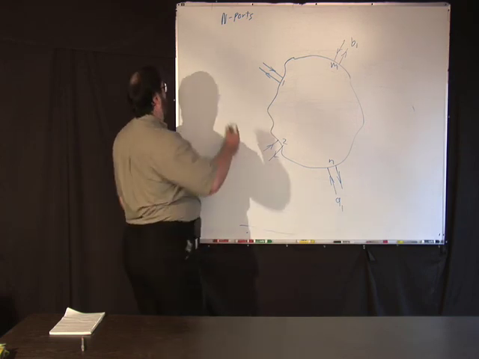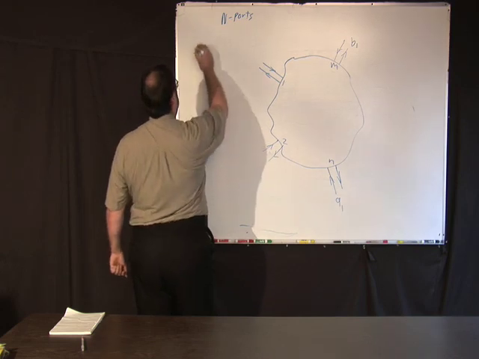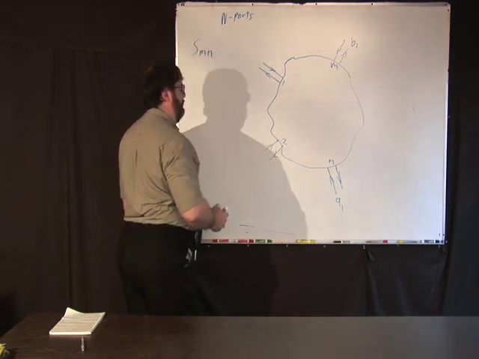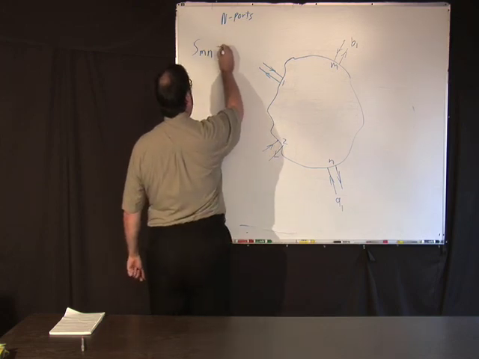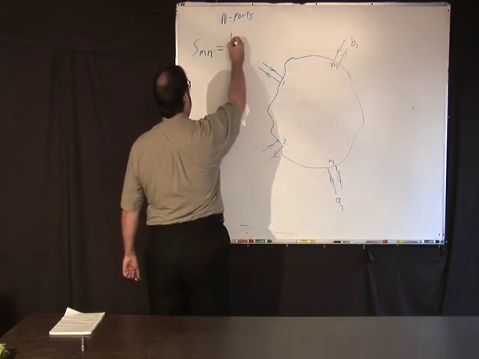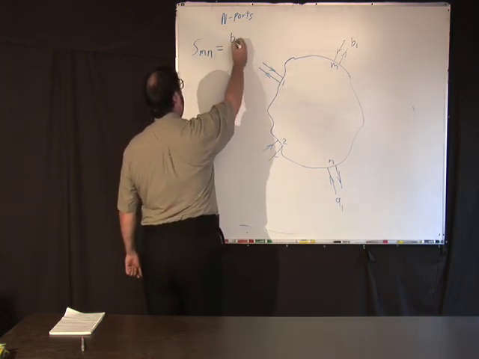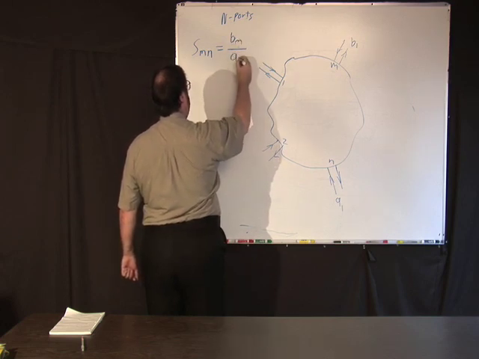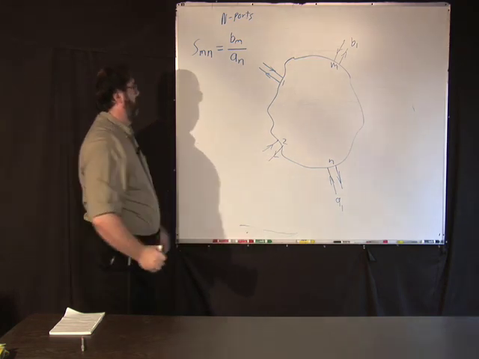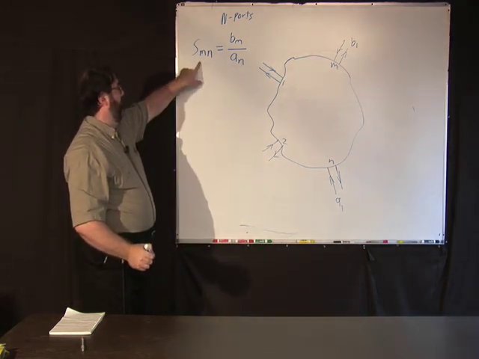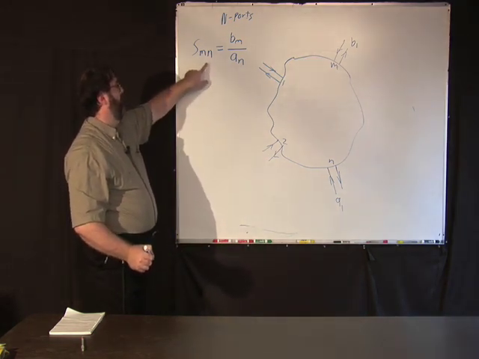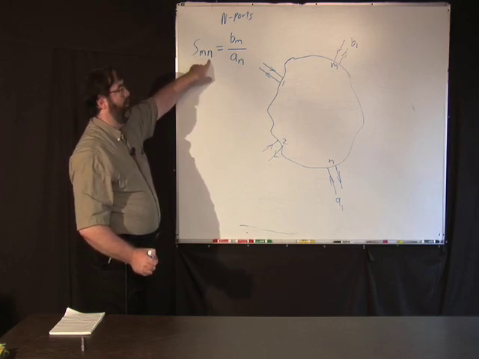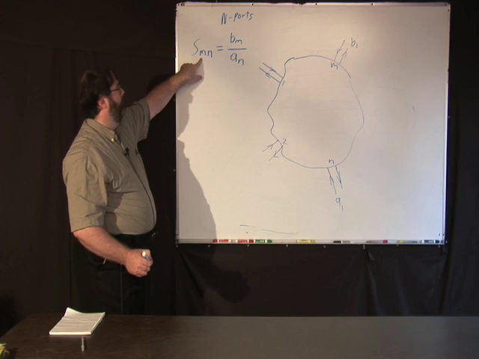One can then define S_MN, the S parameter, as the ratio of the wave coming out at port M to the input at port N. So you stimulate port N and you measure at port M.